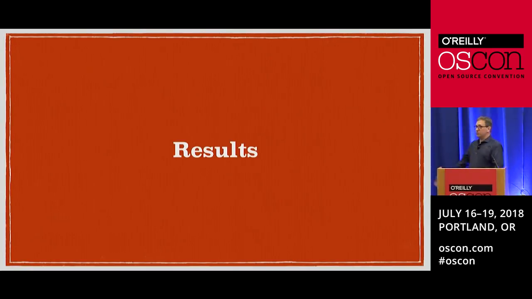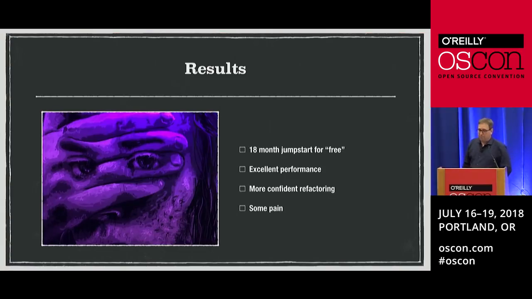So, results from all of this. Probably the biggest reason in the end that we went with Pony more than anything else, we looked at a bunch of different languages that we thought might work, was that even though it was somewhat immature at the time, the Pony runtime was going to give us a huge leg up.